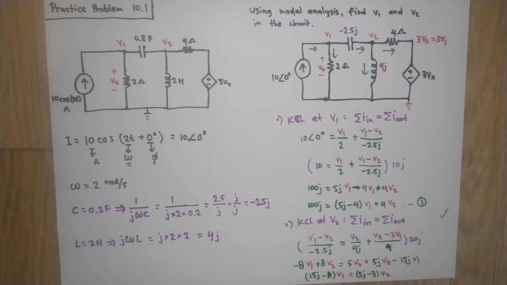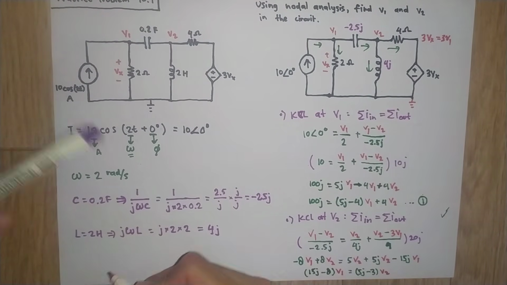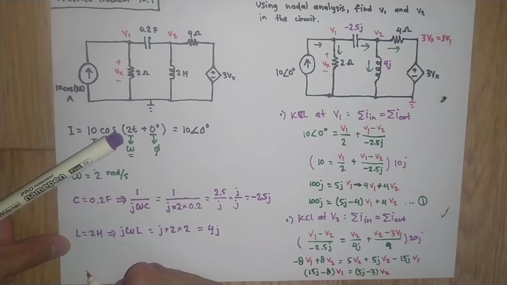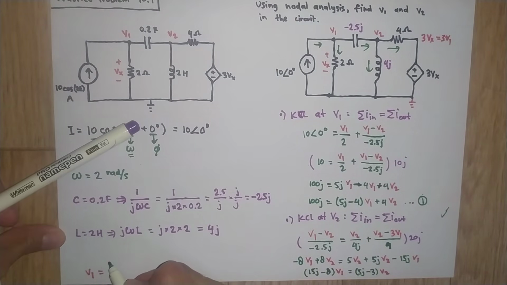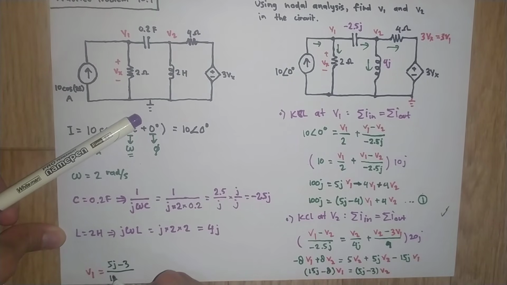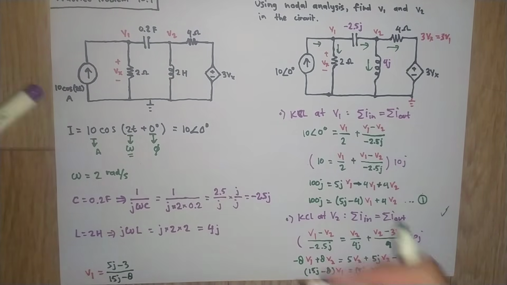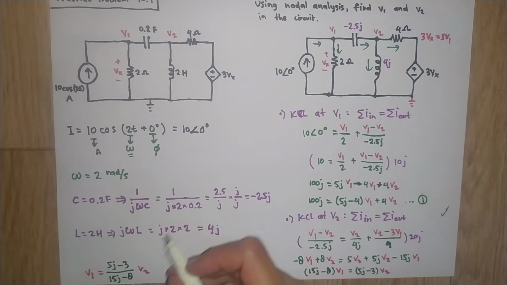And then we can move this one to the right-hand side, so I will have V1. Okay, I run out of space, so let's do it here. V1 is equal to 5J minus 3 divided by 15J minus 8 of V2. Okay, let's save this as equation number 2.